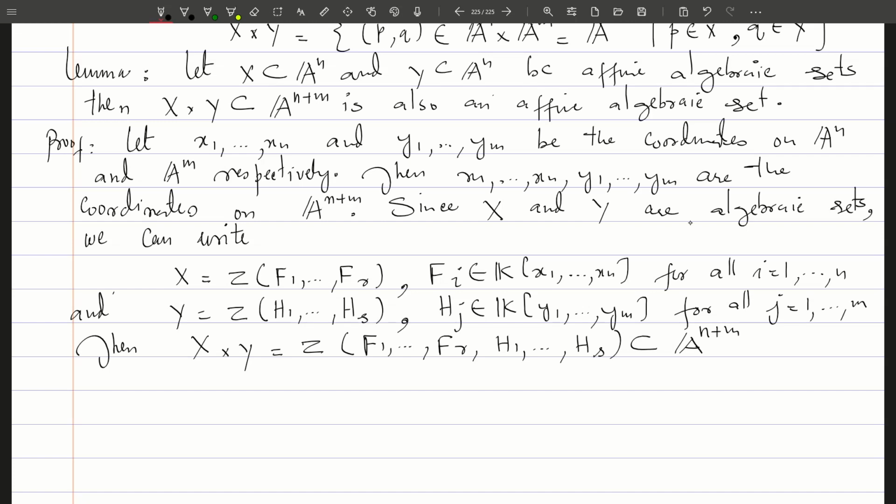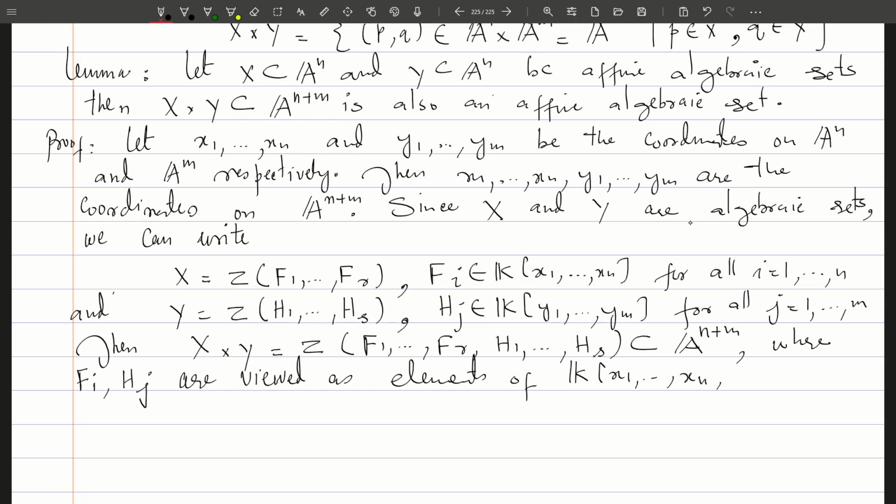Here these fi's and these hj's are viewed as elements in the polynomial ring in n plus m variables.